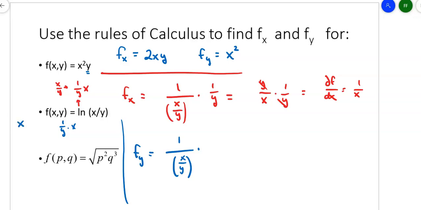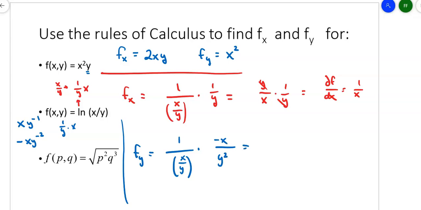Well, actually, here, let's write it like this. xy to the negative first. Use the power rule to derive that, and I get negative xy to the negative second, which is what? Y to the negative second means a y squared in the bottom, and I'll put my negative x up on top. All right, let's simplify this.